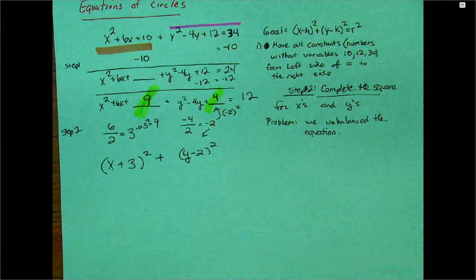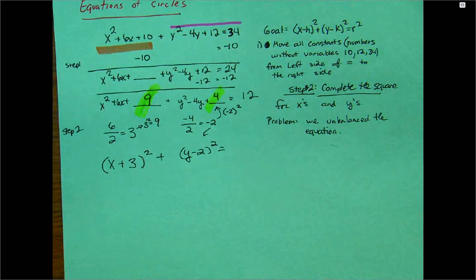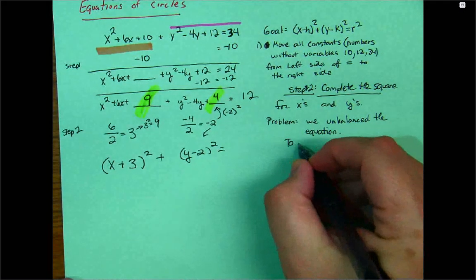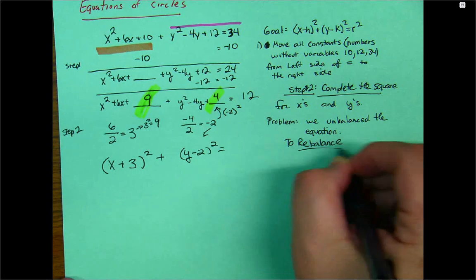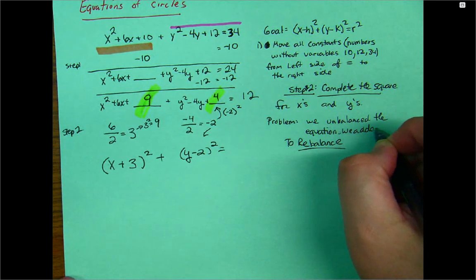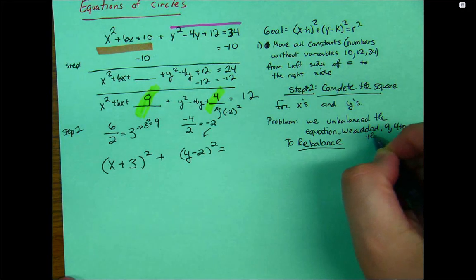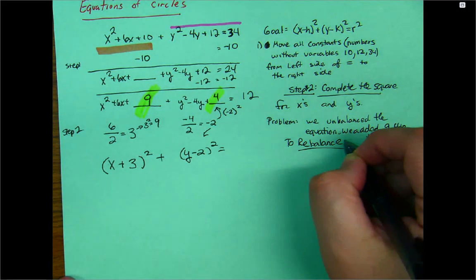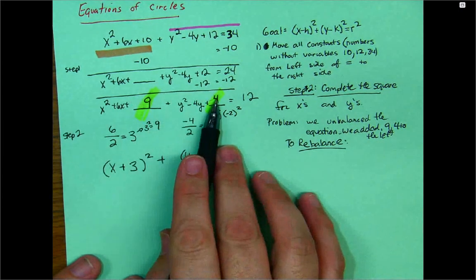So how do you rebalance the equation? If I added 9 and 4 to the left, what do I have to do to the right side in order to maintain balance?